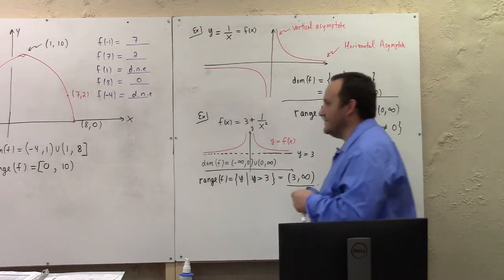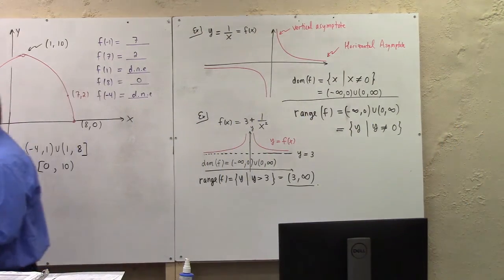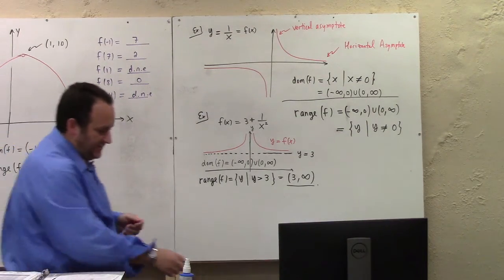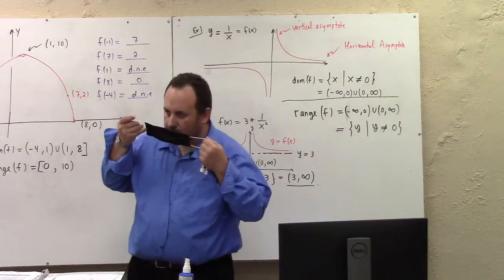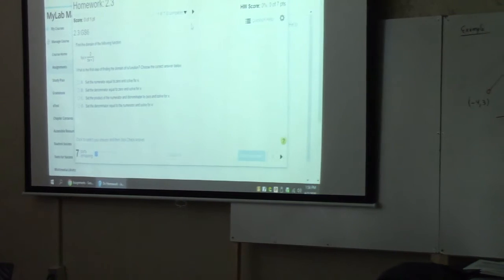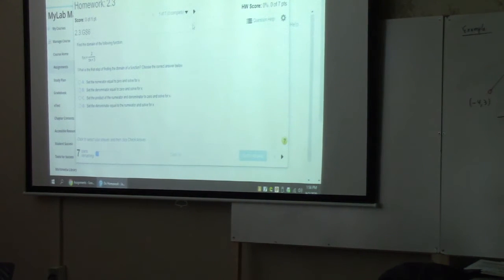Maybe you guys can answer it for me, though, if I can turn off enough lights so we can see it. You got it. Let me make it bigger, if I can find my mouse.